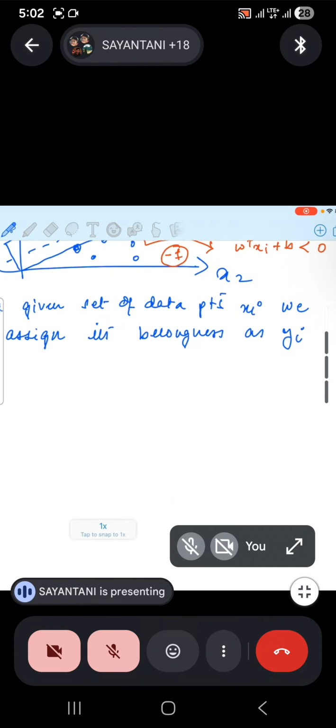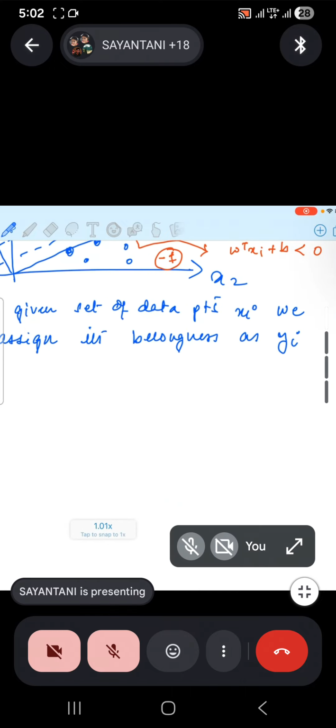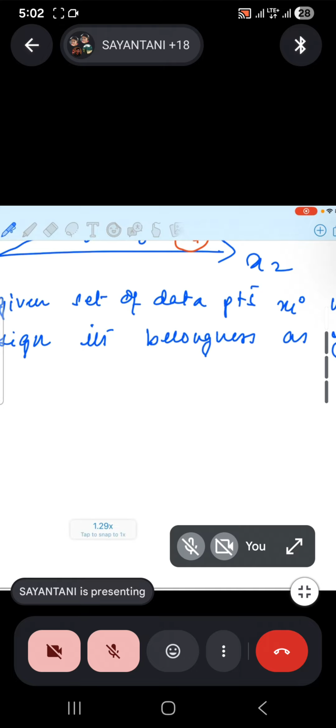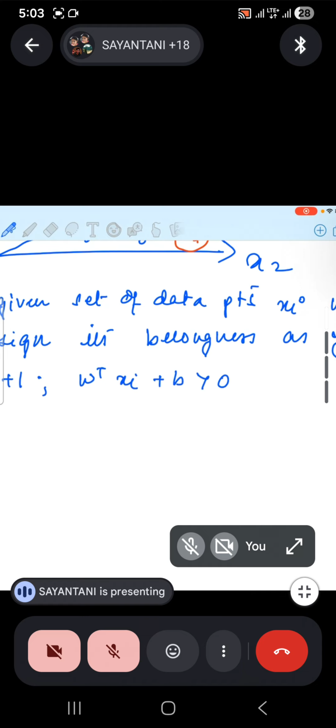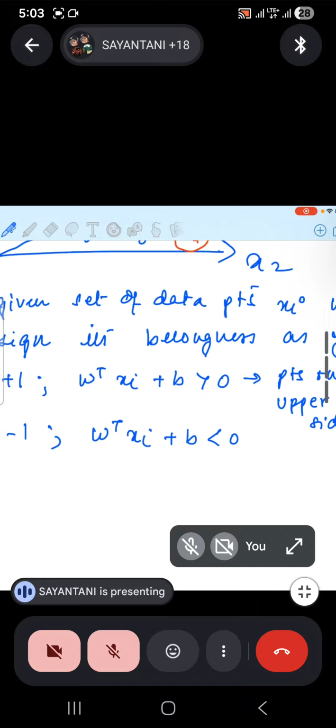So for yi equal to +1, W transpose xi plus B is greater than 0. That means you have the points on the upper side of the decision boundary, right? And for yi equal to -1, W transpose xi plus B is less than 0. That means points on the lower side.